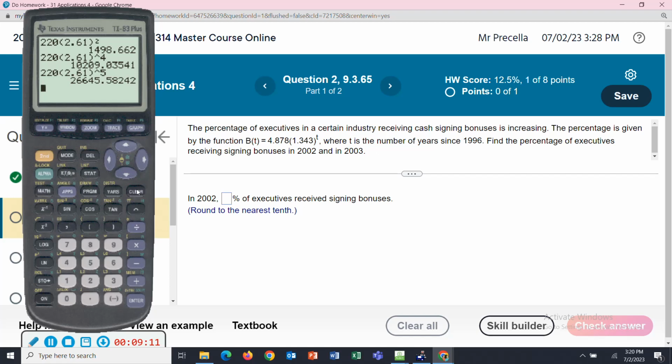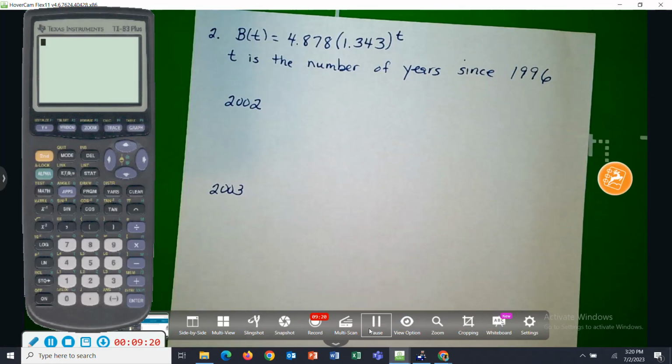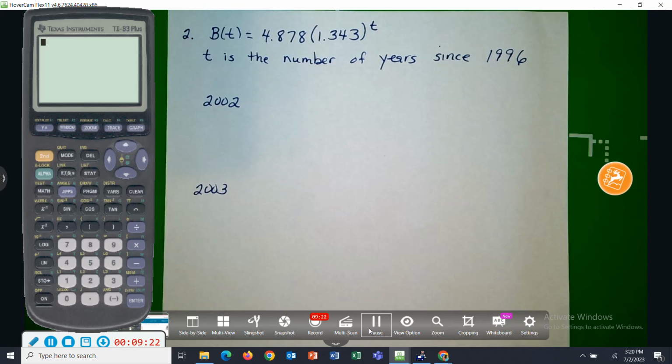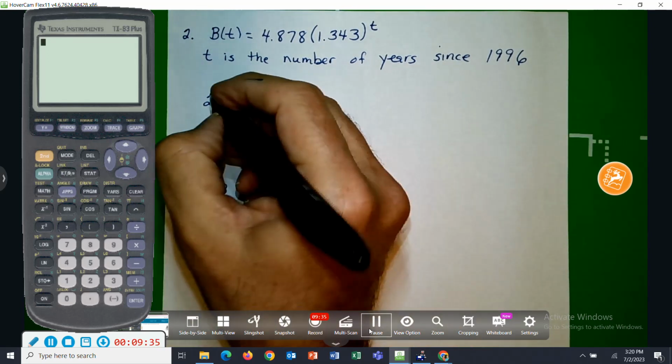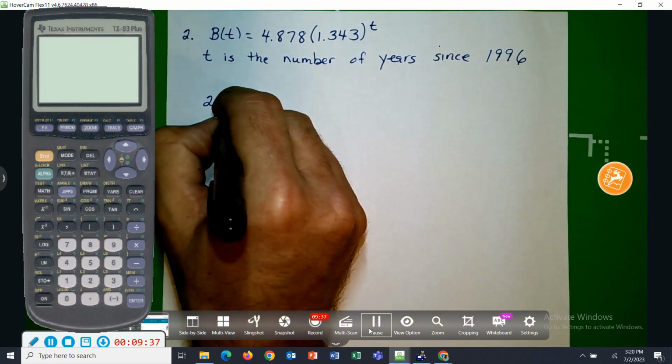Let me clear off this calculator. Okay. I've written the problem. t is the number of years since 1996. Well, for 2002, what would the t value be?